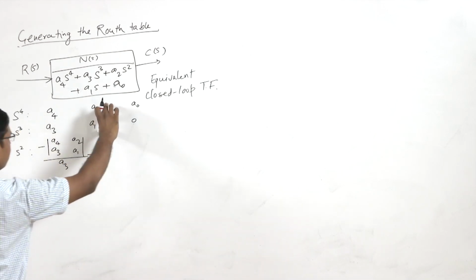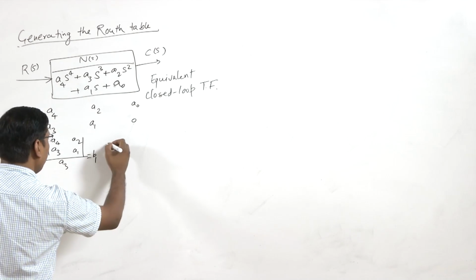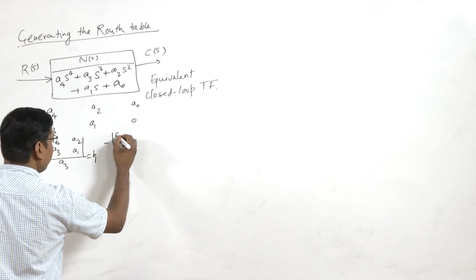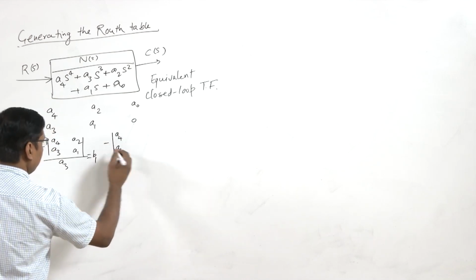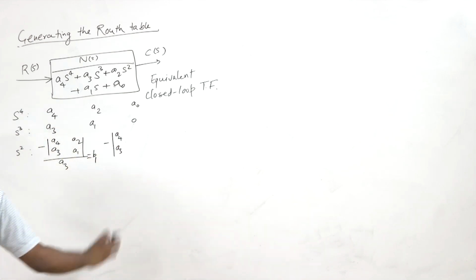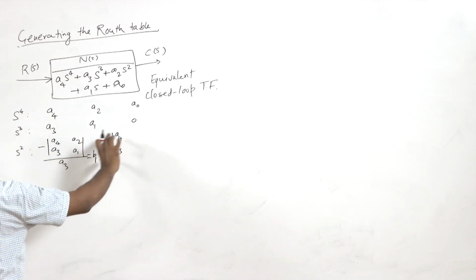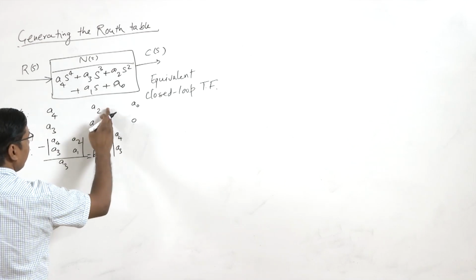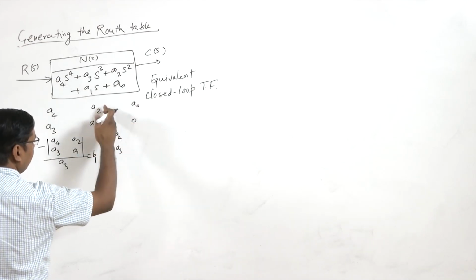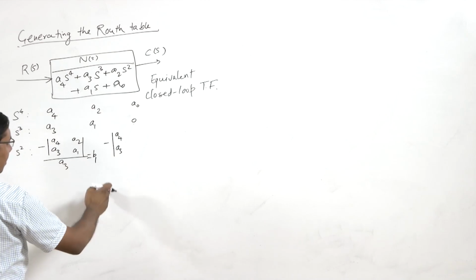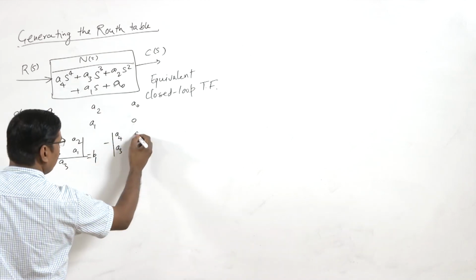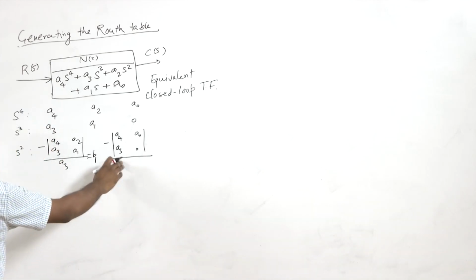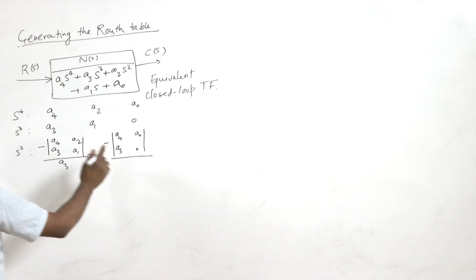Now, for this second element we will have minus the determinant, where this first column A4, A3 will be fixed in this row, and then the second column will be the element of the next column, so A0, 0, upon A3.